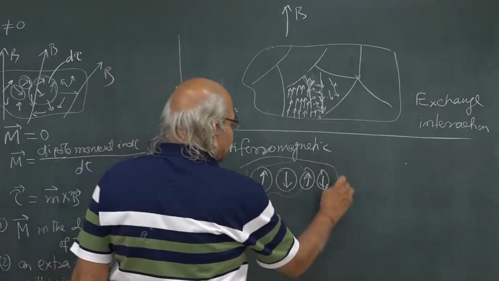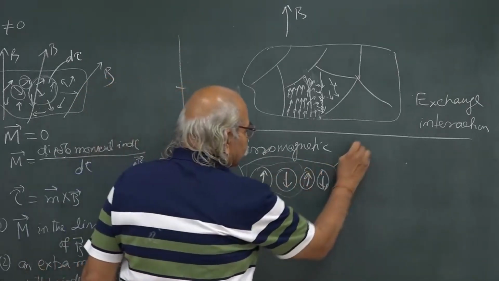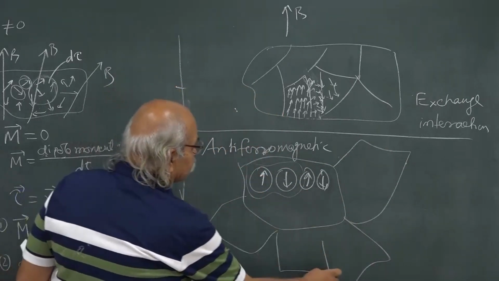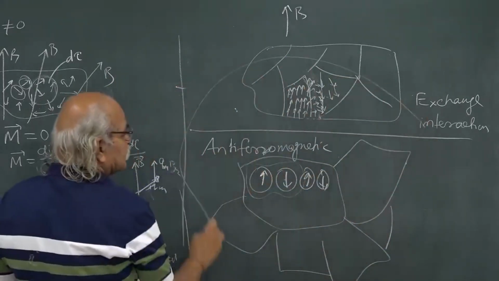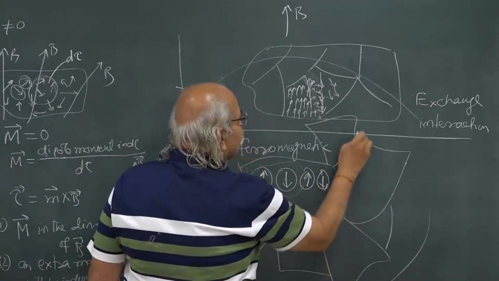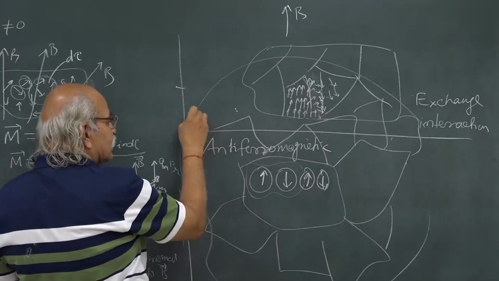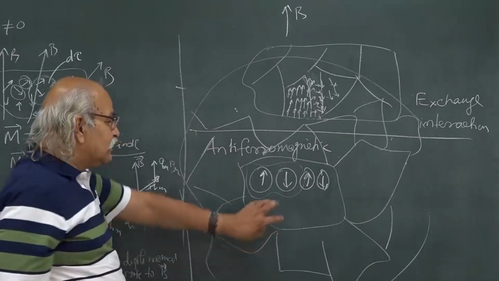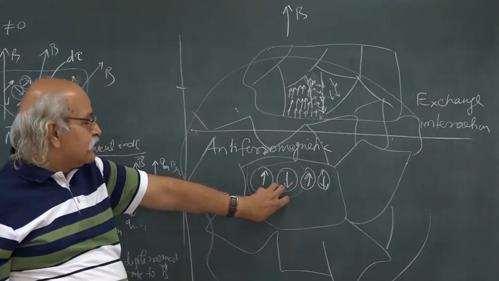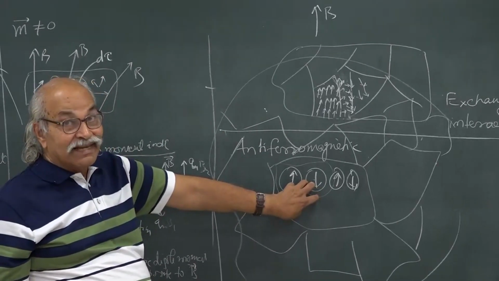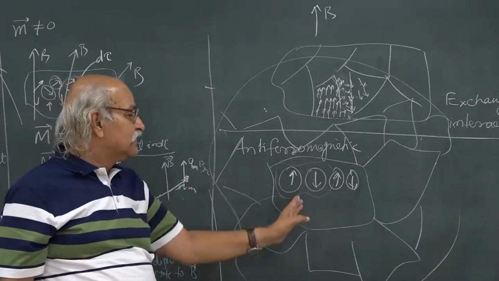So again you have domains. If this is the material, then in the material you have such domains, and in each domain the orientation of the atomic magnetic dipole moments will be of this kind.